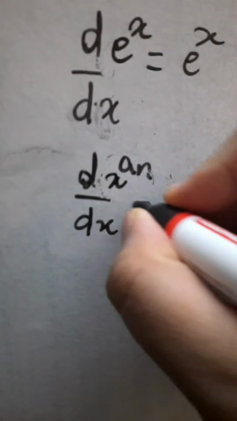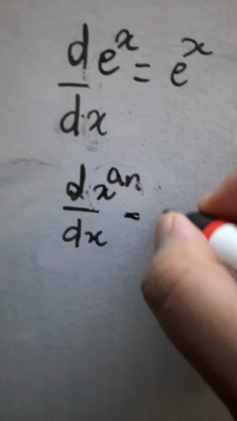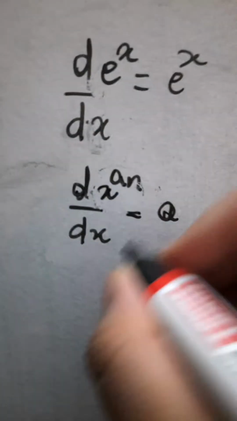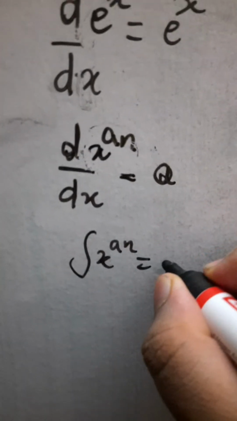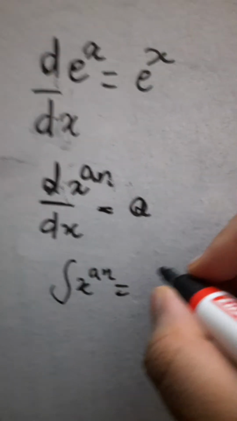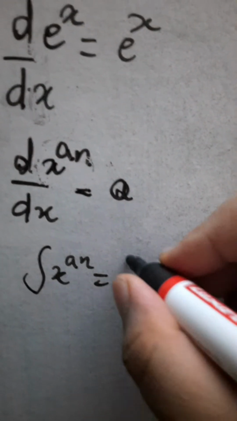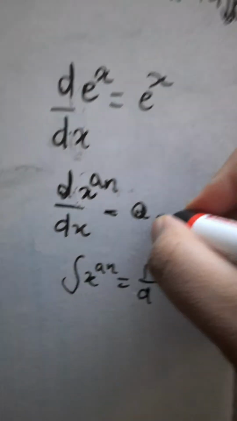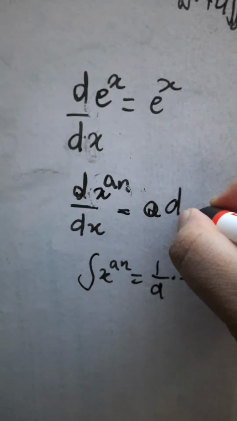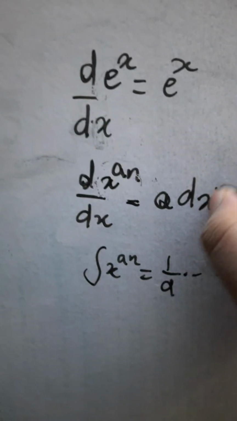Then what would we do? Chain rule. We would multiply by a. The same thing in integration we do the opposite, because integration and derivative are opposite, so we divide by that a, 1 by a into the rest. So here, other things would be the same.